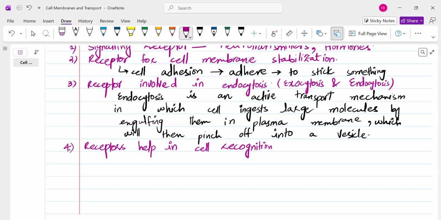Recognition of pathogens, microorganisms. Yes, and these types of receptors act as antigens.